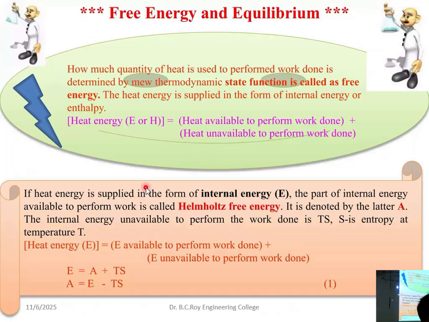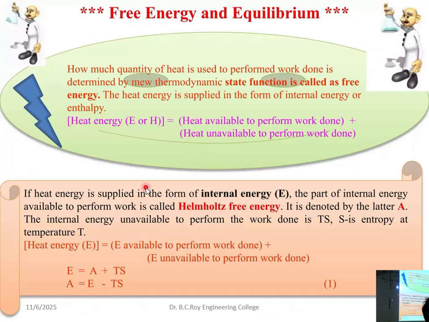Then also it will be spontaneous. That means whatever may be the way, if del G is negative, it will be spontaneous. The ultimate conclusion is this: whatever may be the way, if del G is negative, the process will be spontaneous. So in general, these are the conditions for spontaneity.